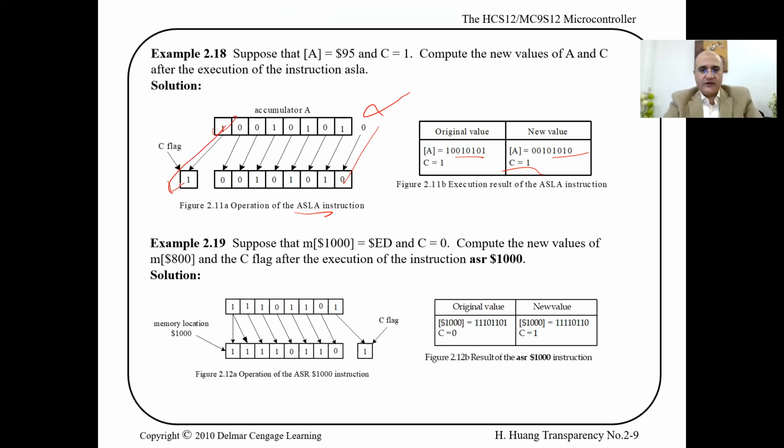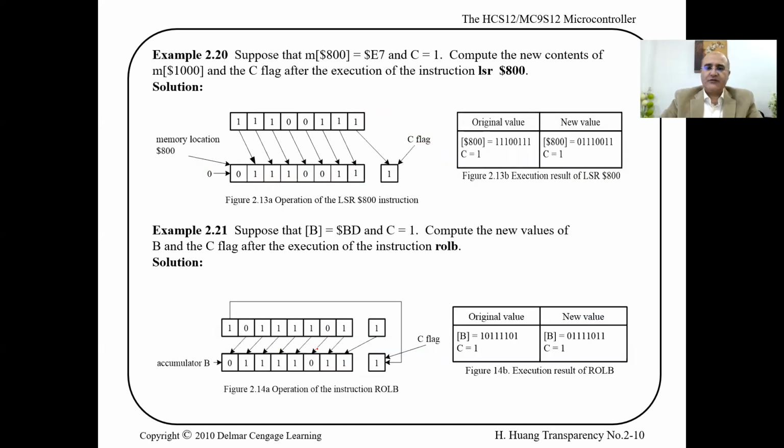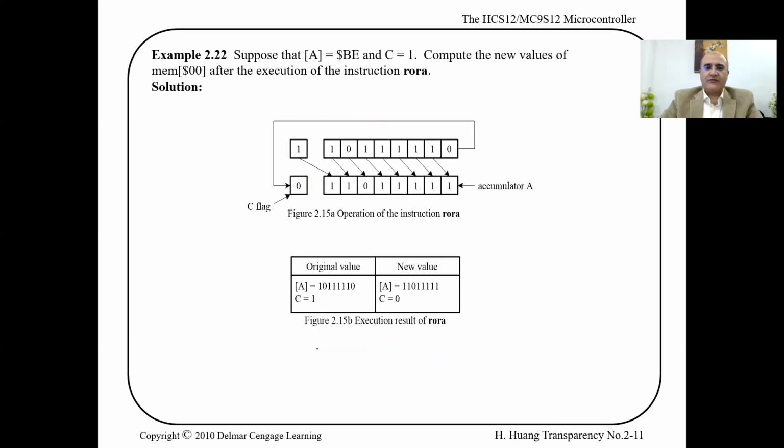There's another. This is an arithmetic shift right. See, you kept the sign bit, and what was here starts shifting. More examples.